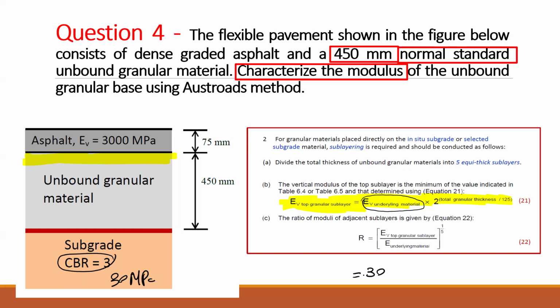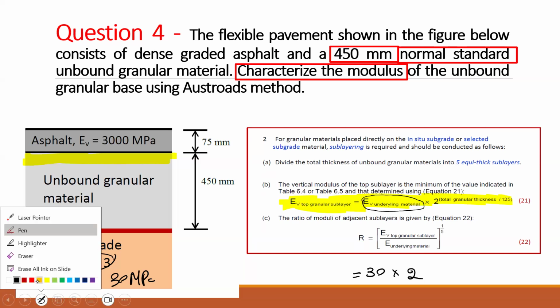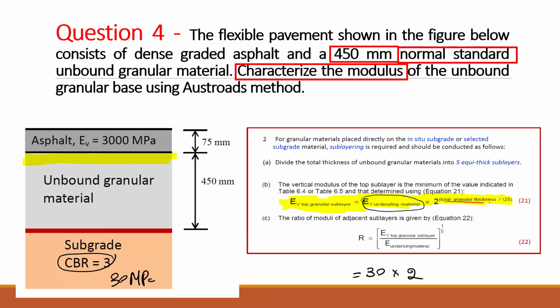Then you need to multiply by 2 to the power of the total granular thickness. What is the total granular thickness? 450 divided by 150.